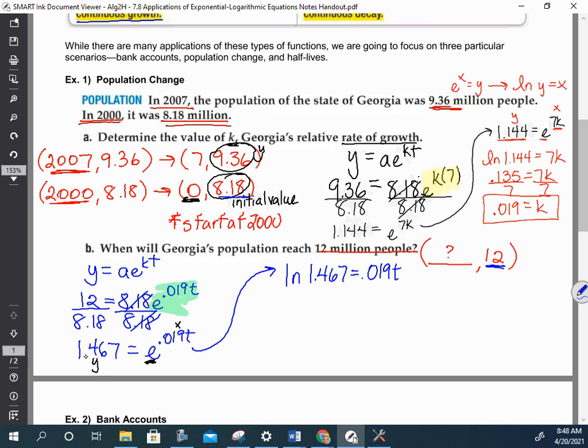And then we're going to let our calculator do some work. Natural log of 1.467 is 0.383. Then divide by 0.019.